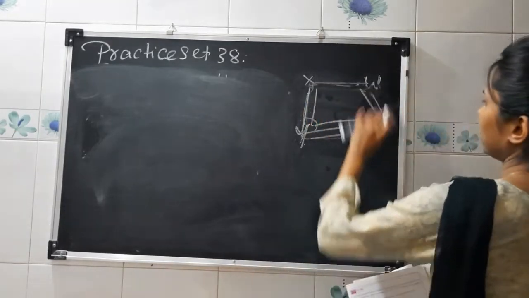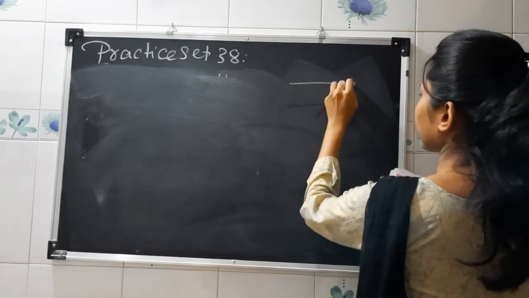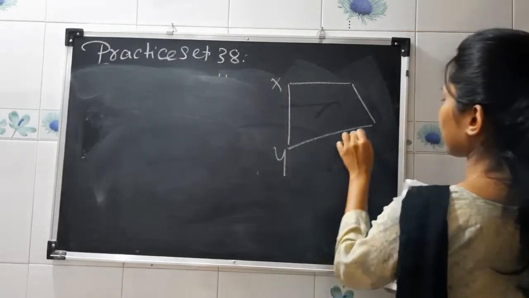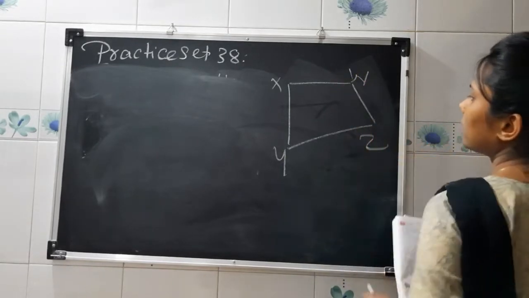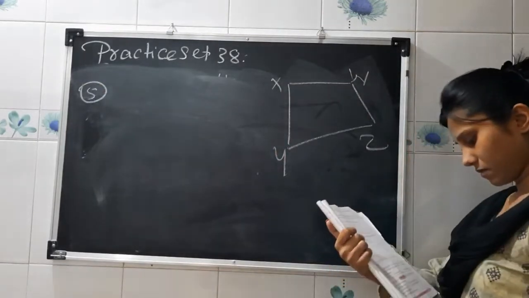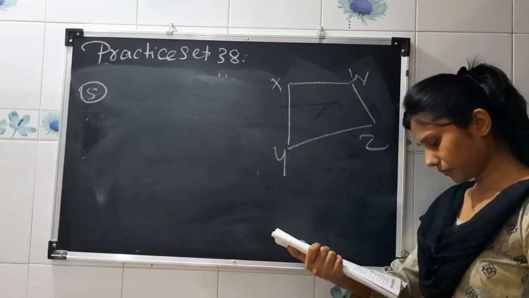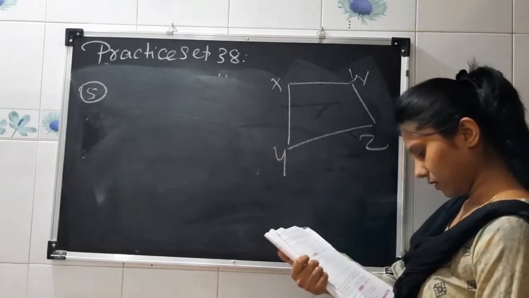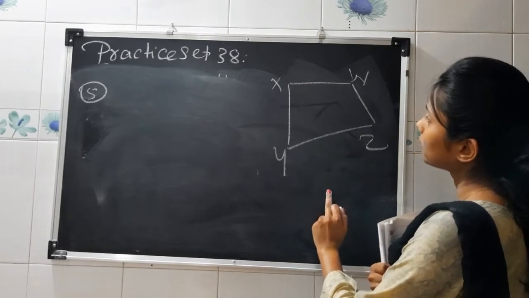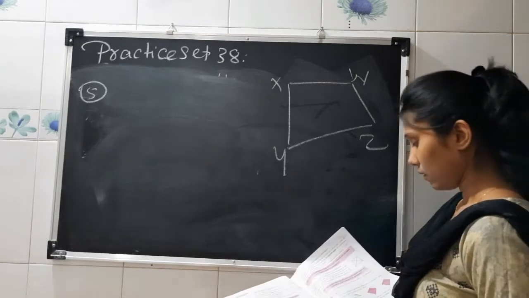Now the next, diagonals of a quadrilateral. This is our quadrilateral. What are the diagonals?